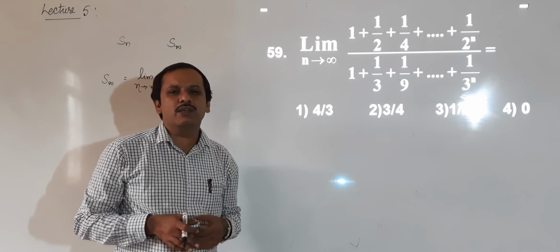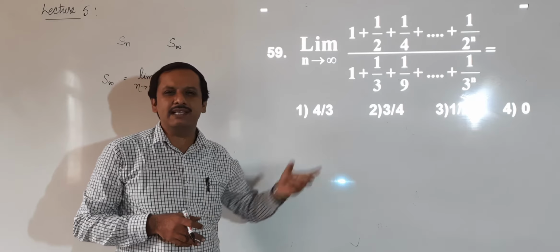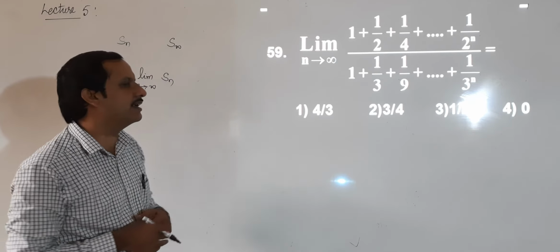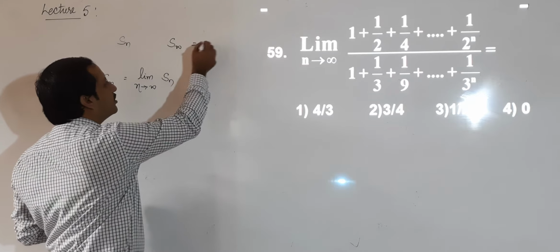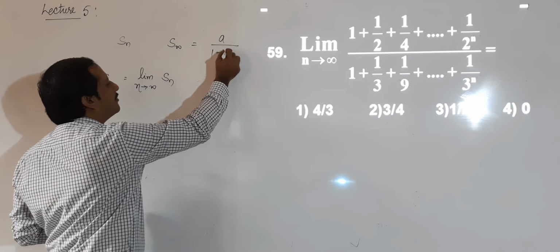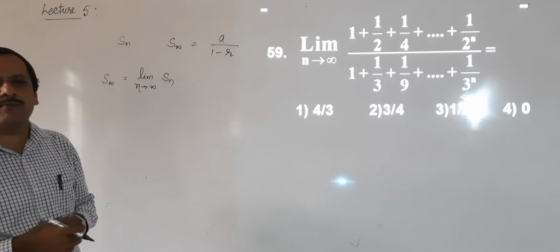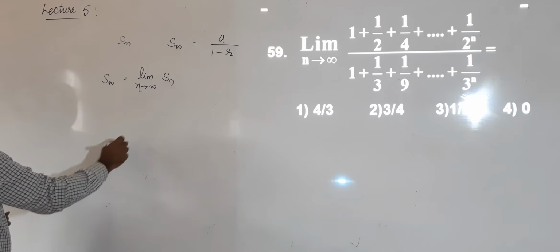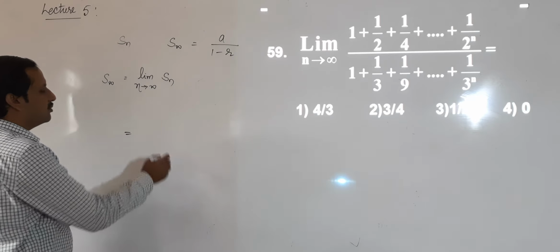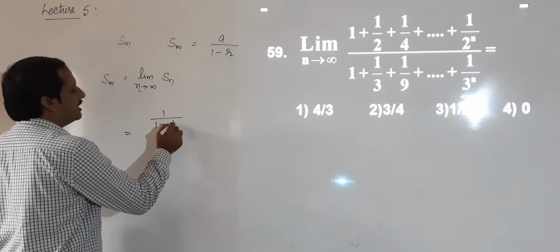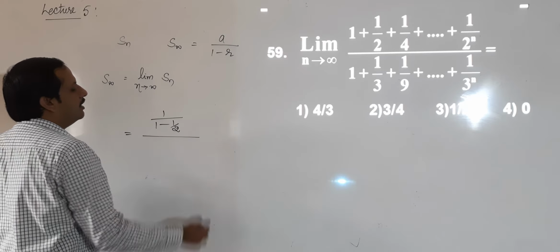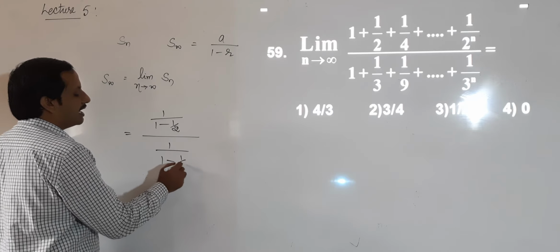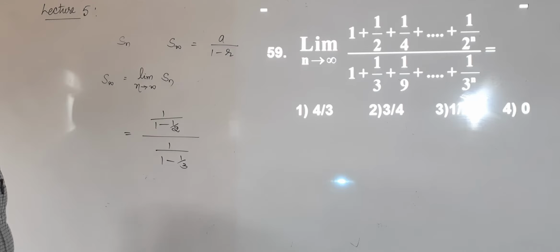So, directly you can go for S infinity separately, S infinity of the numerator and S infinity of the denominator. For that you know the formula, A divided by 1 minus R, where A is the first term of that GP and R is the common ratio. Now, in the numerator the first term is 1, so 1 by 1 minus R is 1 by 1 by 2. Similarly, in the denominator, A is 1, so 1 by 1 minus R is 1 by 1 by 3.